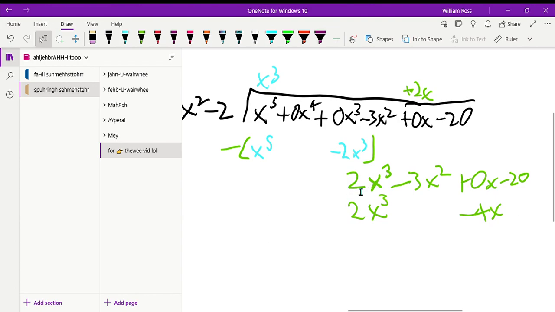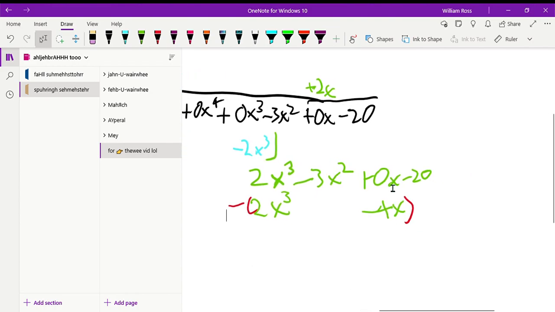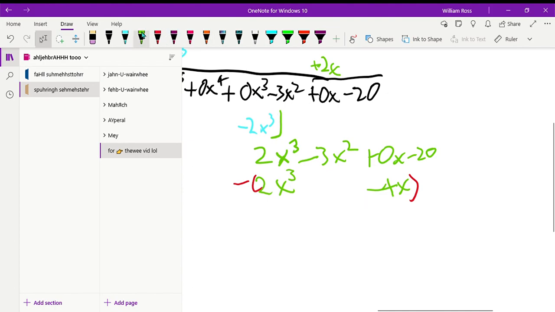And now we flip these two. So these two, the 2x to the third will cancel out. 0 minus 4 is negative 4.